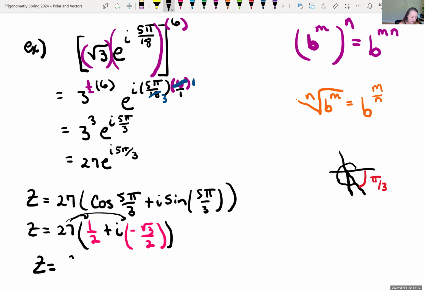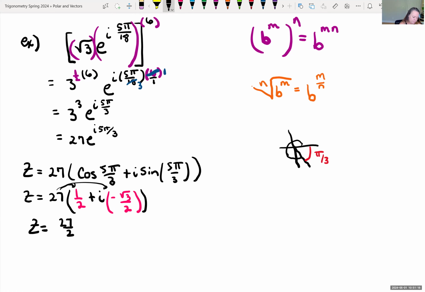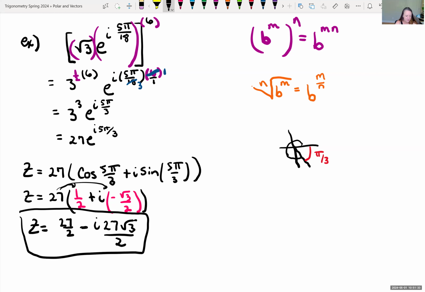This is the same thing as 27 halves minus, because of this negative, i 27 root 3 all over 2. And so there is our rectangular form of that operation.